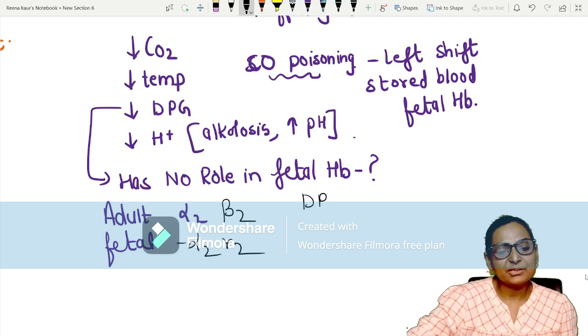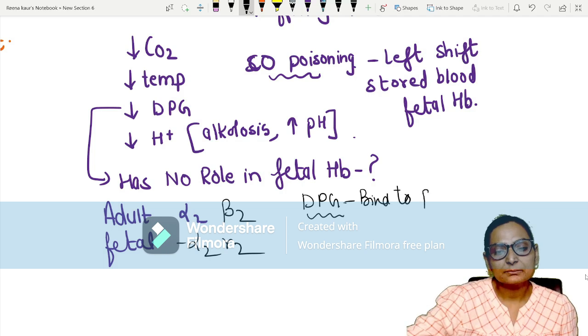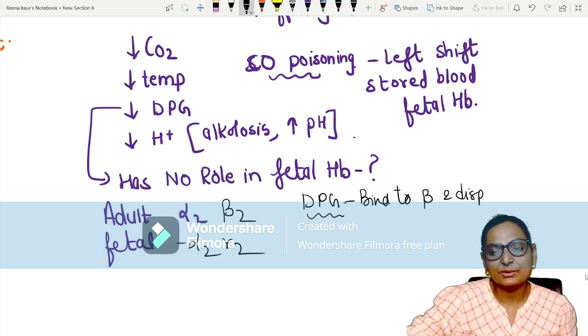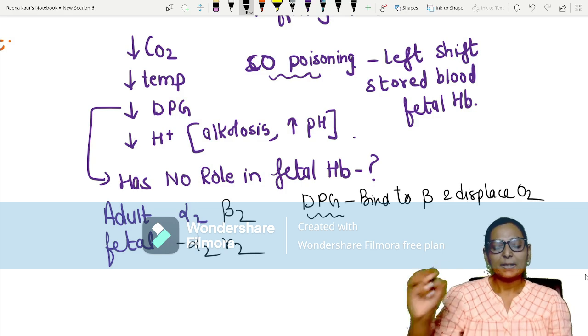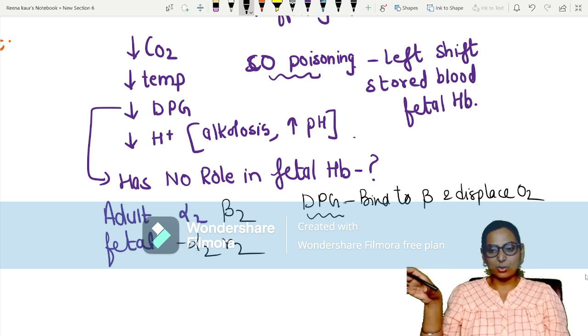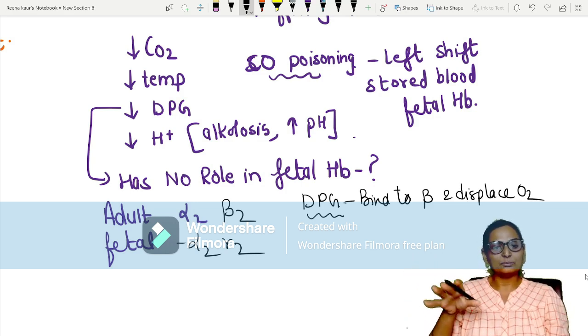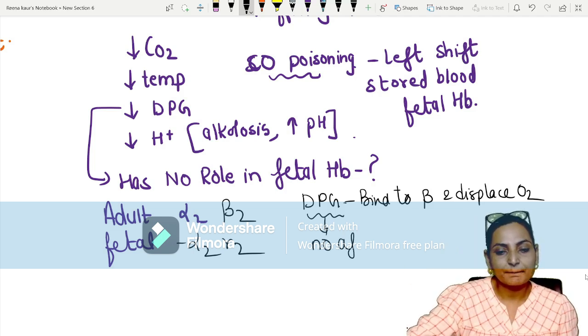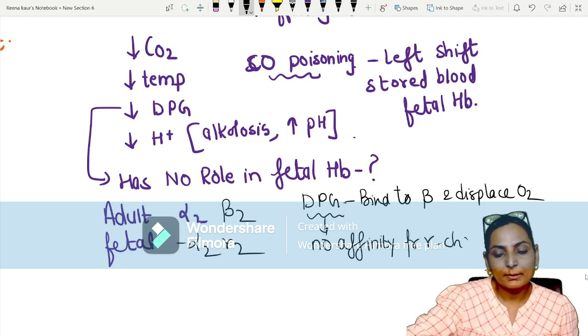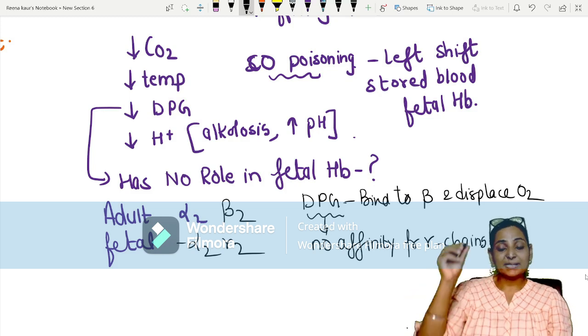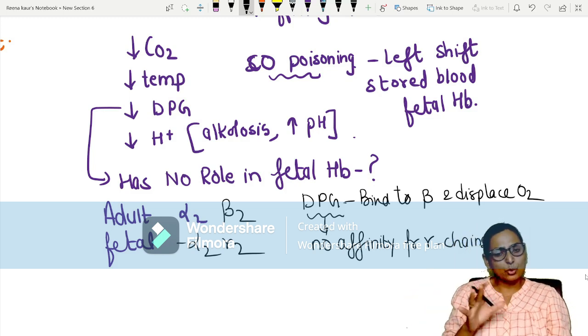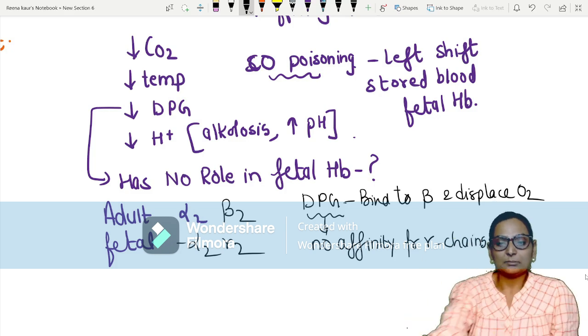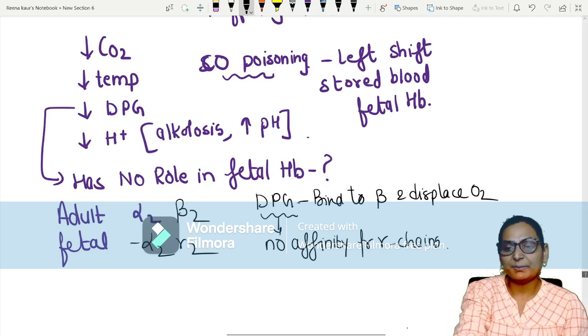And the DPG can bind to beta and displace oxygen, but it has no role with fetal hemoglobin because it has got no affinity for gamma chains. Therefore there is no role of DPG in fetal hemoglobin.